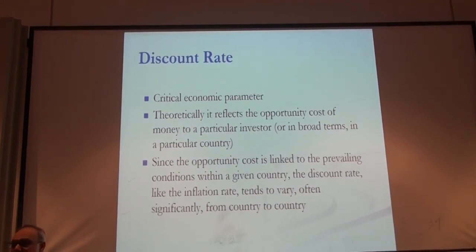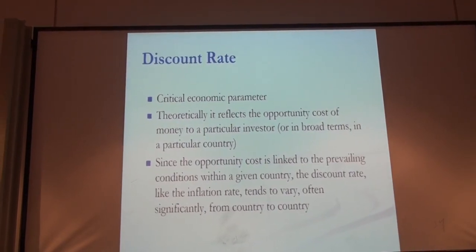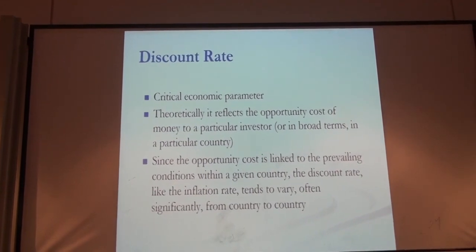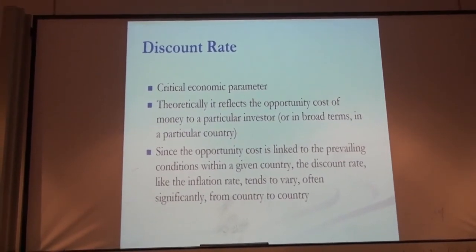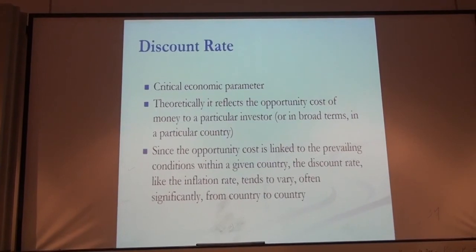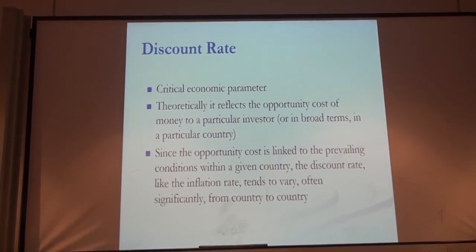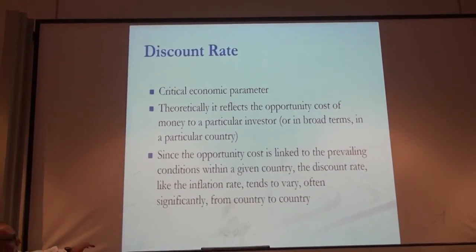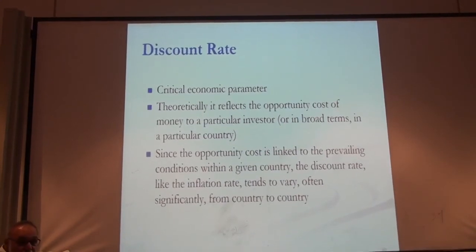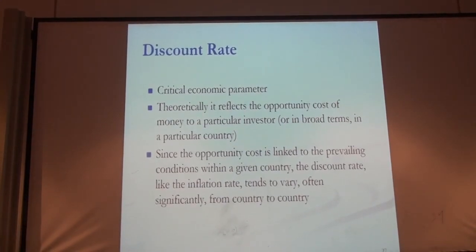Because the argument is given that the opportunity cost of capital is quite high in developing countries, because any project you take up, you will have a higher return for that, and that is the logic used for putting higher discount rate for developing countries.